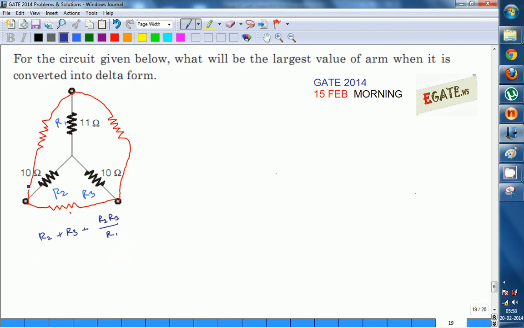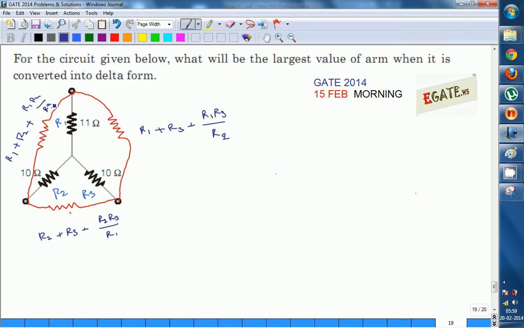For the opposite of R2, it is R1 plus R3 plus R1 R3 divided by R2. Similarly, for the other one it is R1 plus R2 plus R1 R2 divided by R3.